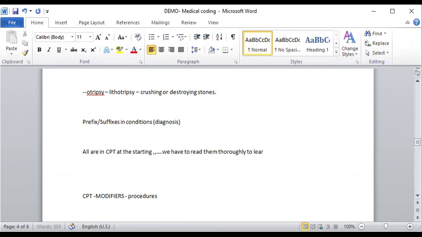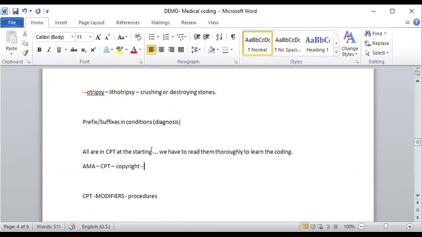To learn the coding, why am I not sharing the CPT book here? It is a copyrighted version. Even the AMA will not allow sharing in the public domain. AMA monitors the CPT procedural terminology and they hold the copyrights, so we are not supposed to share it in a public domain.